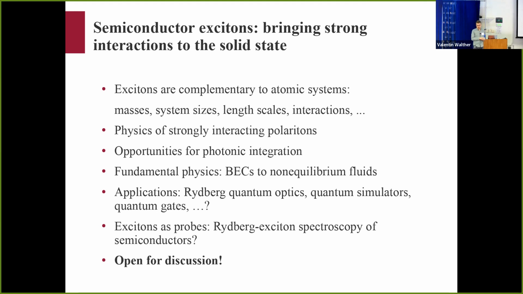I had a question about some of the future outlooks you mentioned on this slide. When you say Rydberg exciton spectroscopy of semiconductors, what exactly can we learn about semiconductors by studying these Rydberg excitons? This is what I meant with the example of the correlated electronic states in twisted bilayer systems.